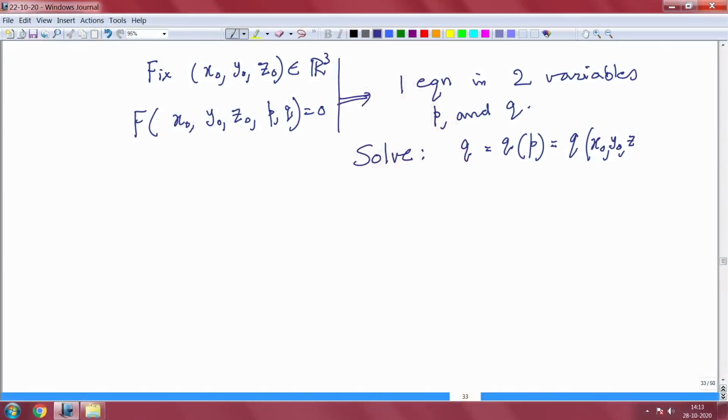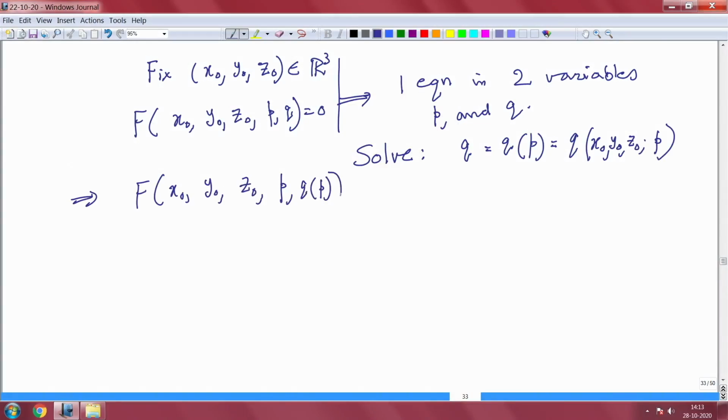So for every p there is a q, by solving this algebraic equation. Z naught is fixed, so we will not write it again and again. So you solve f of x naught, y naught, z naught, p and q equal to 0 for q in terms of p.